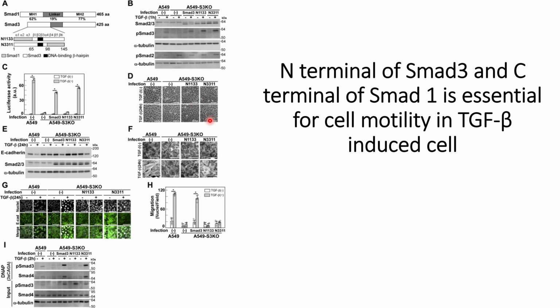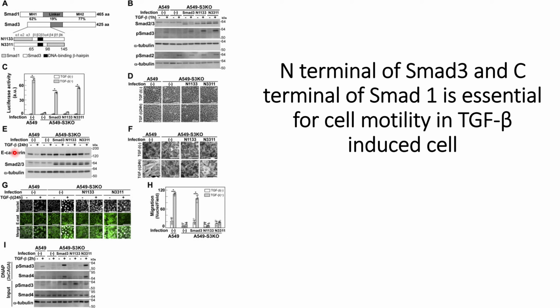But when they use the C-terminal domain or MH2 domain integrated with the Smad3, they see a change in the morphology. So from this, it looks like the N-terminal or the C-terminal of the Smad1 plays an important role in the change in morphology.